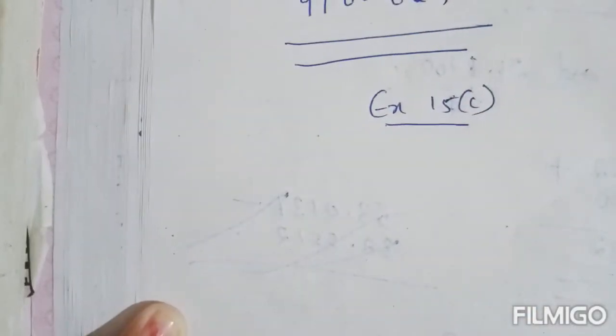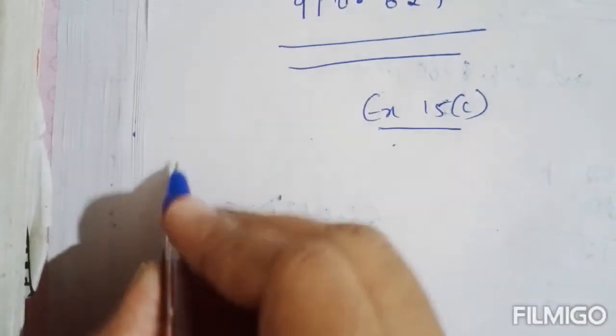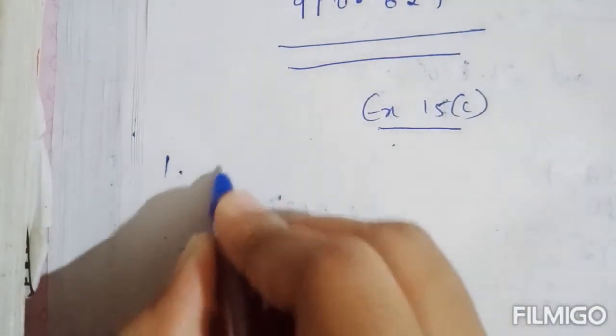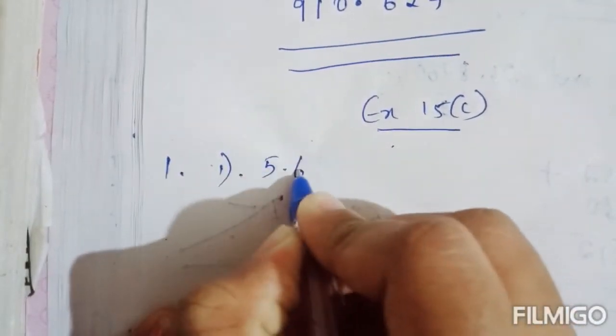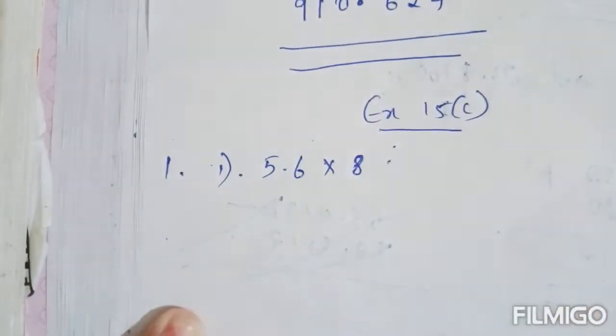Next topic, multiplication of decimal fractions. Okay, so let's do exercise 15C. First question, multiply. In that first one, 5.6 into 8 you have to do.